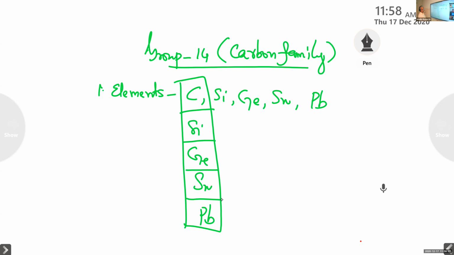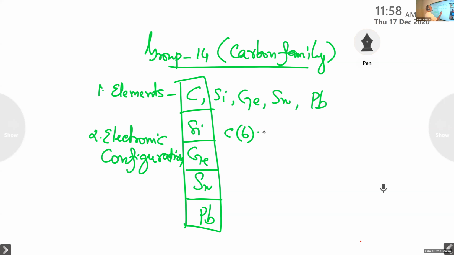Let us think of the general outermost electronic configuration. Let us take carbon as an example. Carbon atomic number is 6, and so the configuration will be 1s2, 2s2, 2p2.